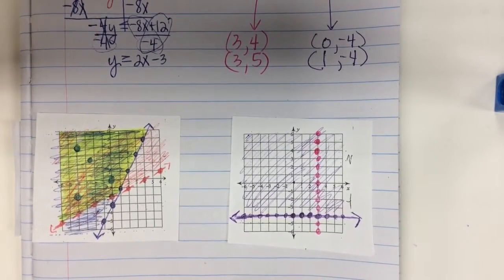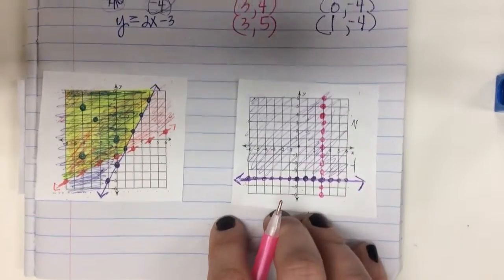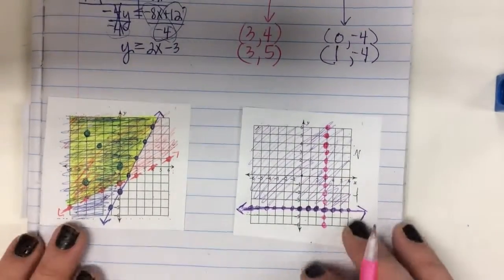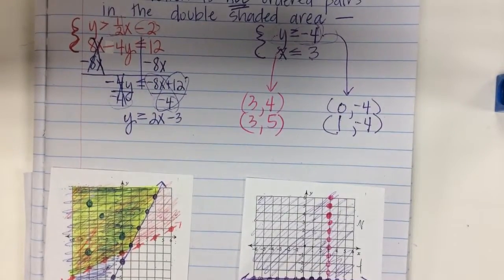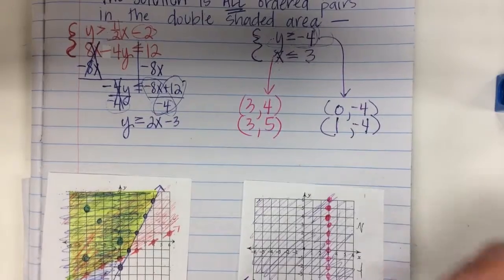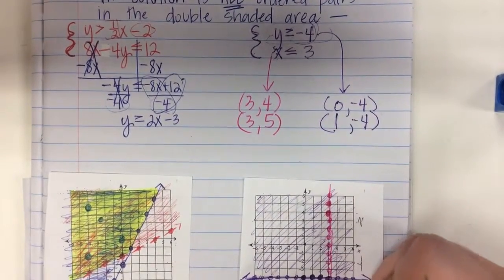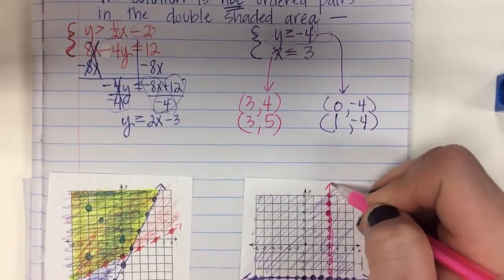That's okay. I got frozen. All right, is this going to be connected or dotted? What is it? Connected because it's got an equal to line. And ladies and gentlemen, here's my question because this is different.